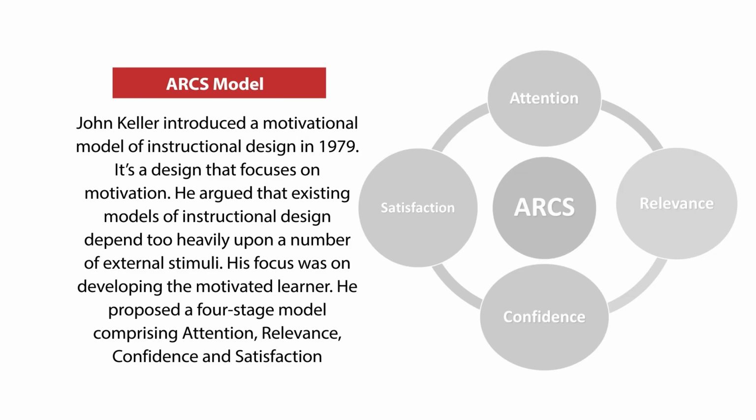The focus of John Keller in this model was on developing a motivated learner. So he developed a 4-stage model which comprises, I repeat again, attention, relevance, confidence, and satisfaction. What is attention?